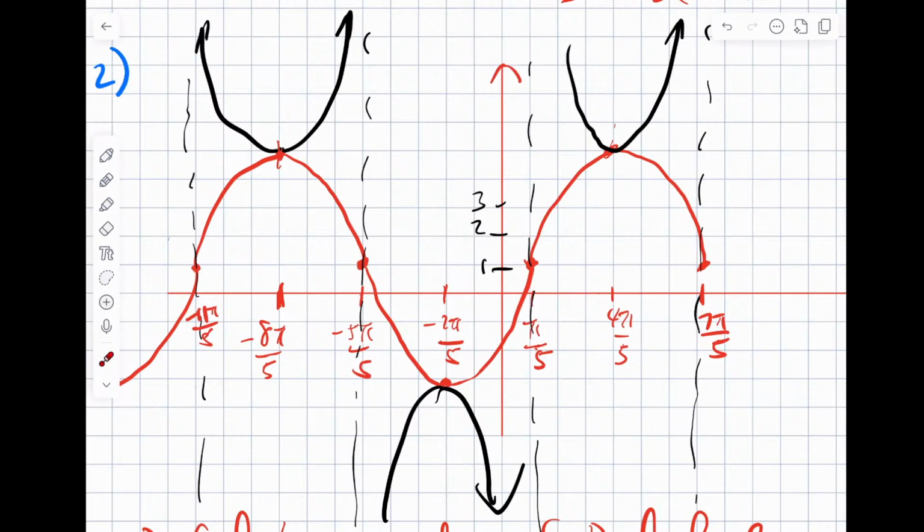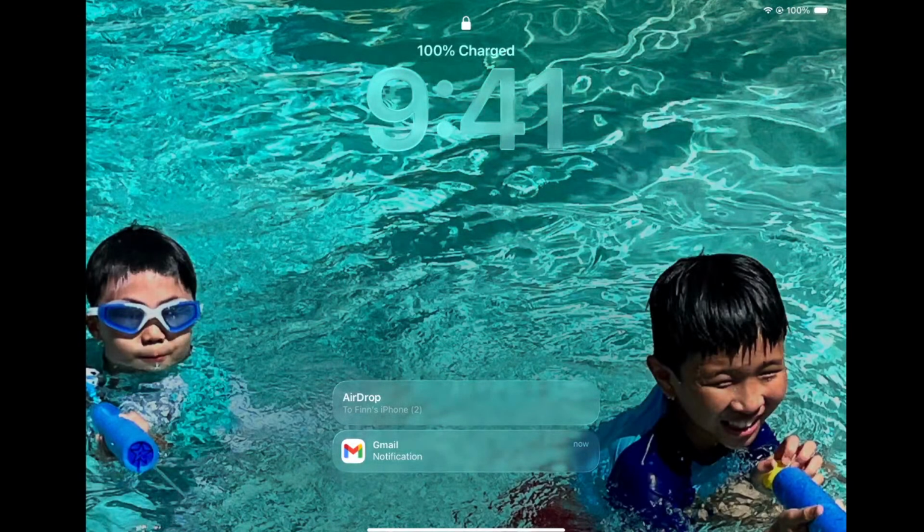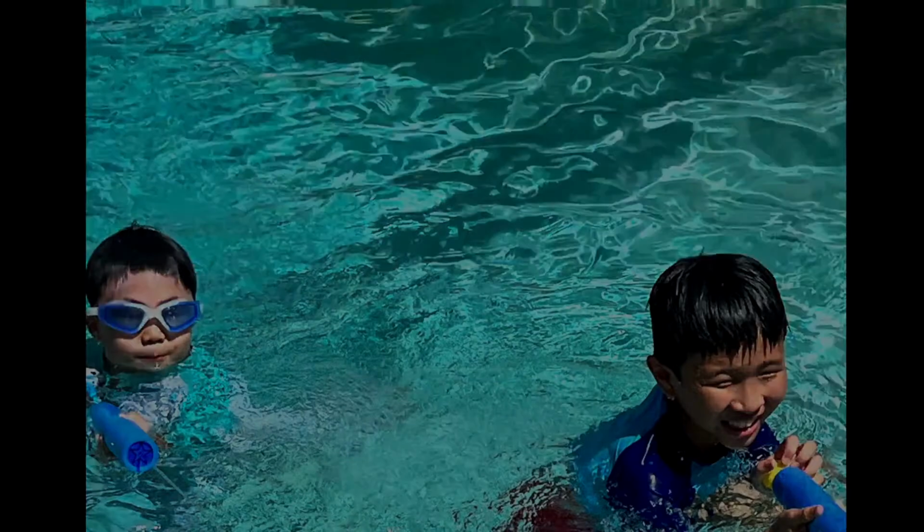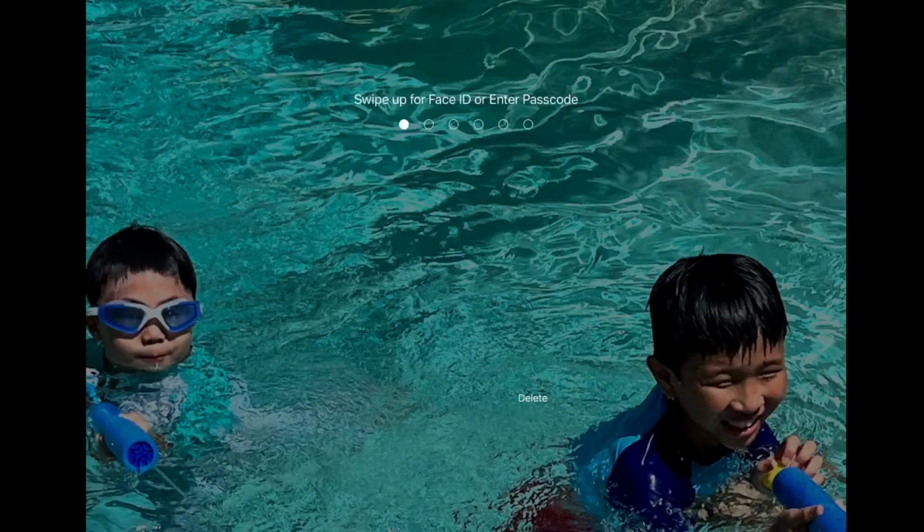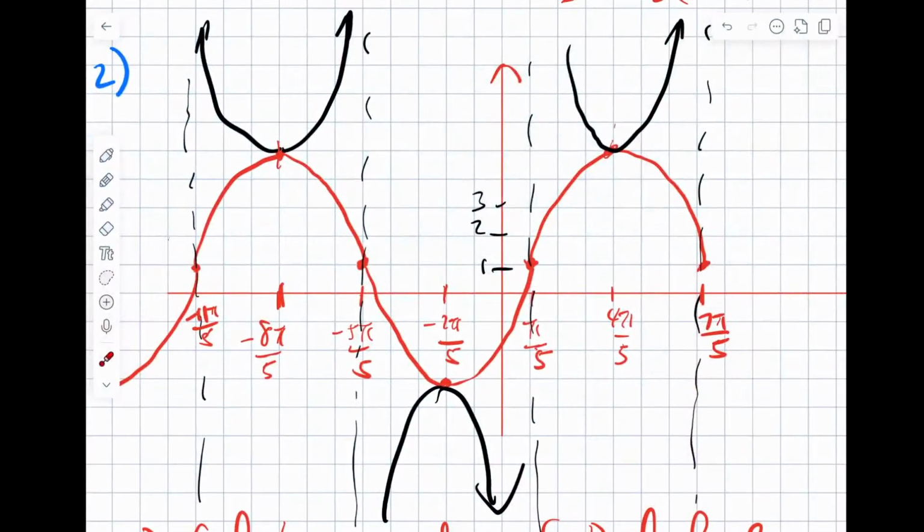Devin, you got it? No? Which point do you want to start with? You have to decide which point. I'm just gonna find this number. 2 pi over b equals what? 2 pi over b equals from here to here, because this is peak to peak.